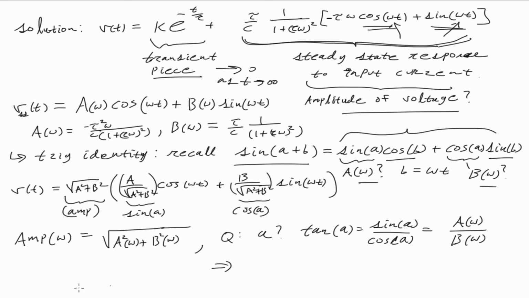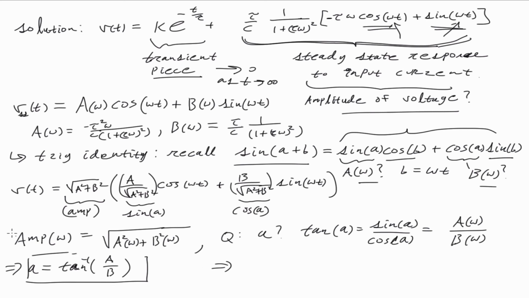Therefore, A is going to be equal to the inverse tangent of A over B. Okay, and we may have to add some sort of angle to this depending on whether or not the angle is bigger than plus or minus 90 degrees.